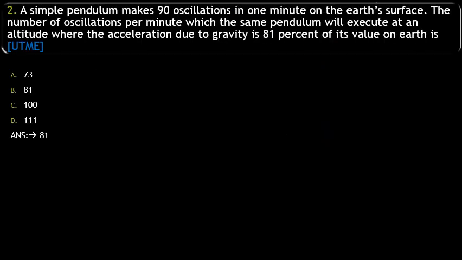Alright, a simple pendulum makes 90 oscillations in 1 minute on the Earth's surface. The number of oscillations per minute which the same pendulum will execute at an altitude where the acceleration due to gravity is 81% of its value on Earth is dash.